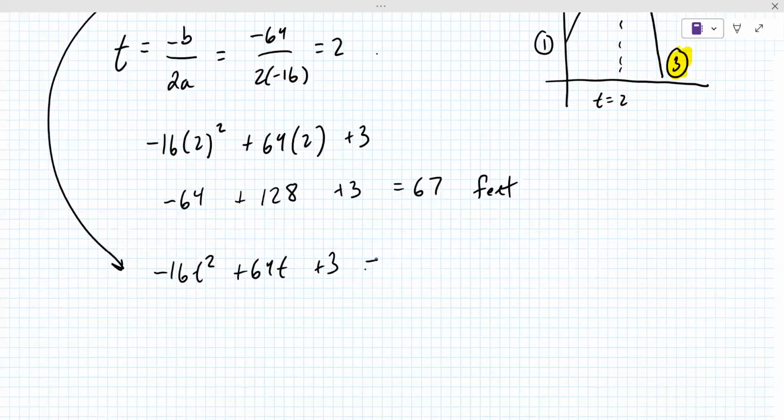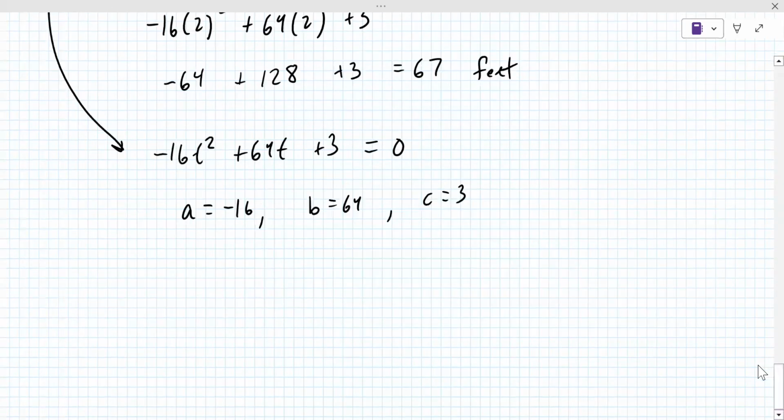So you're setting this equal to 0, and in the quadratic formula, A equals minus 16, B equals 64, C equals 3. You're going to get 2 answers, so you're looking for the one that's positive in this case. Why don't you calculate the B squared minus 4AC for us. Go and use the calculator if you can.